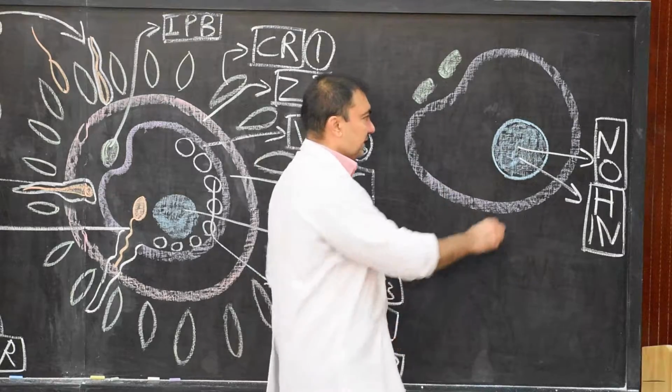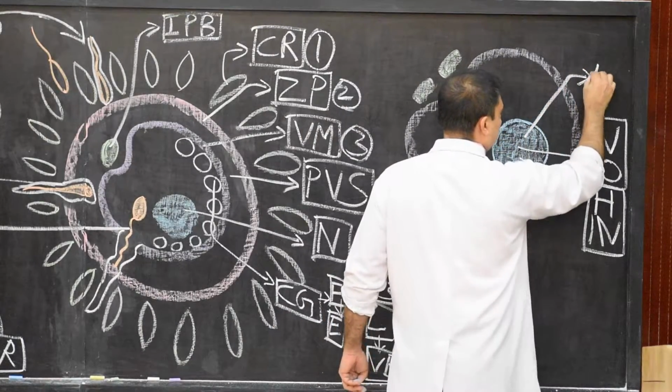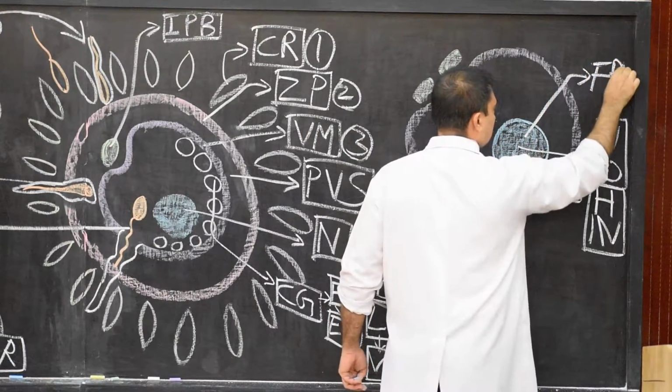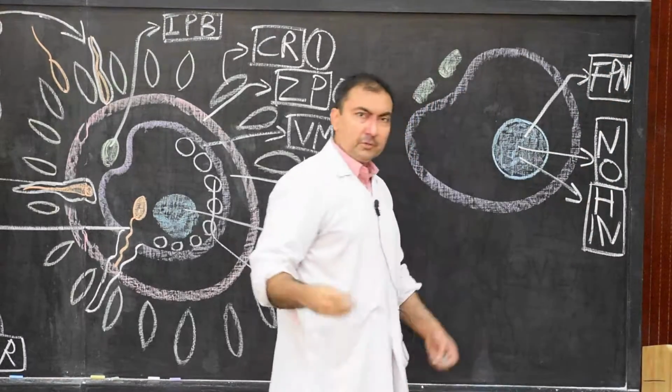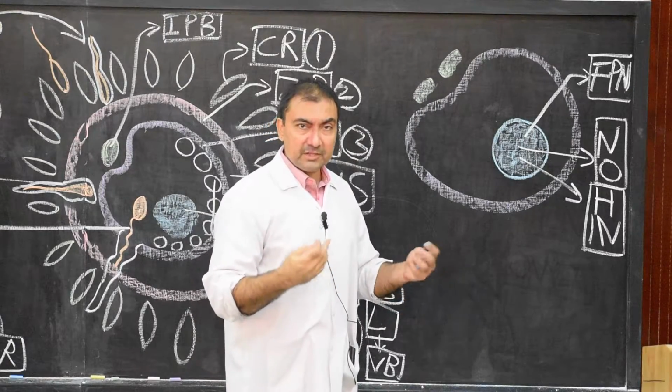This nucleus is now known as the female pronucleus, the nucleus of the mature ovum.